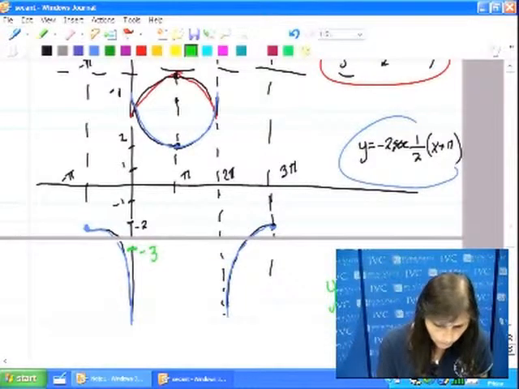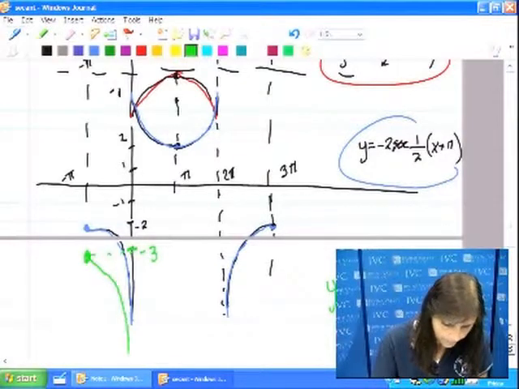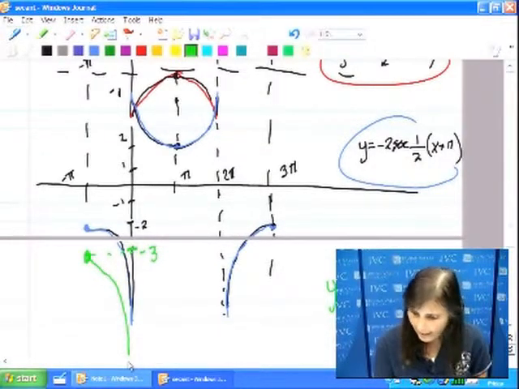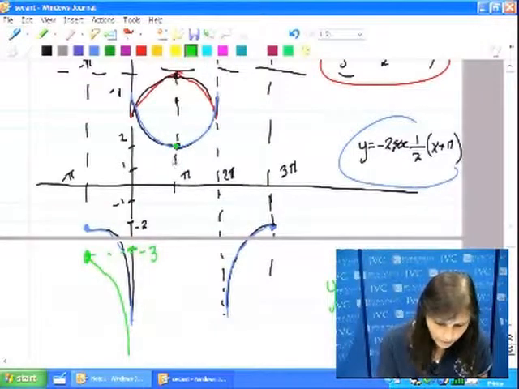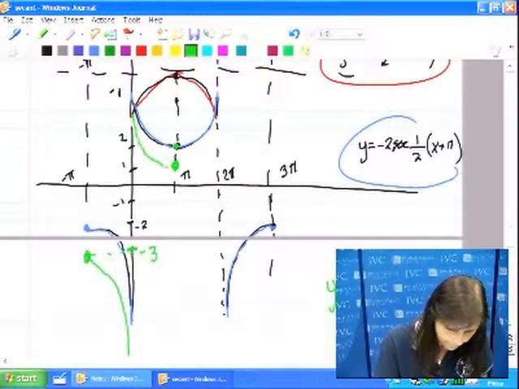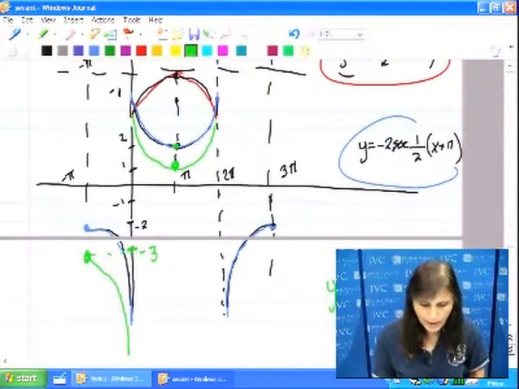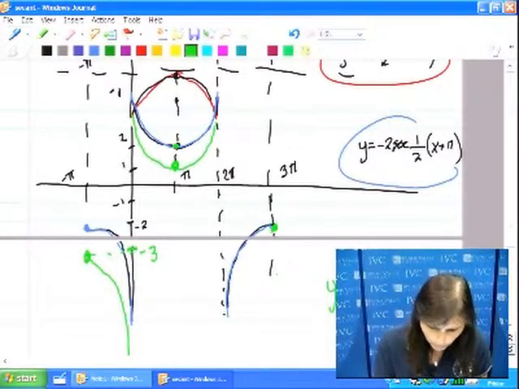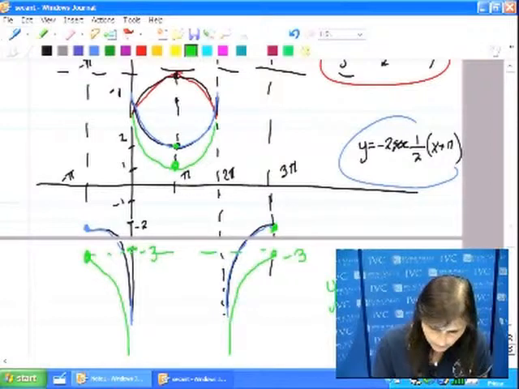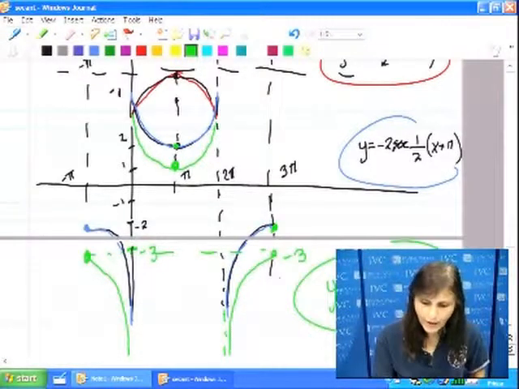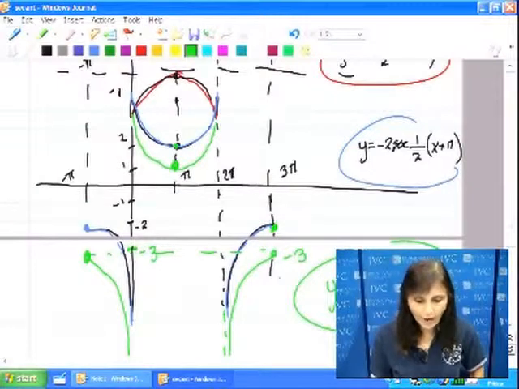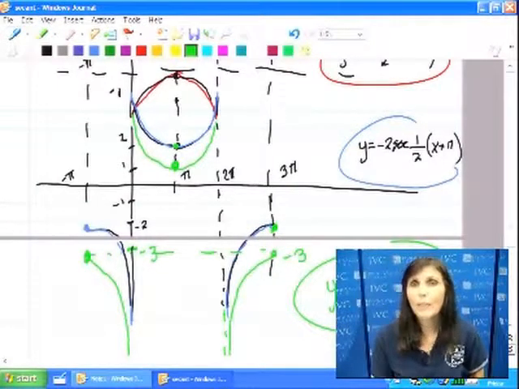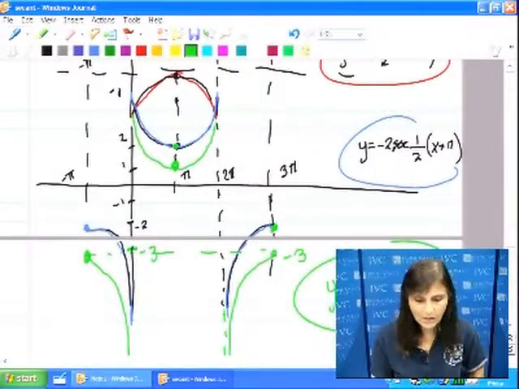So this -2 will go down to -3, and that 2 is going to move down to 1. And this -2 will move down to -3. The final product is simply that green graph. When you do it on a test, you can label these things and use different colors just to avoid confusion.